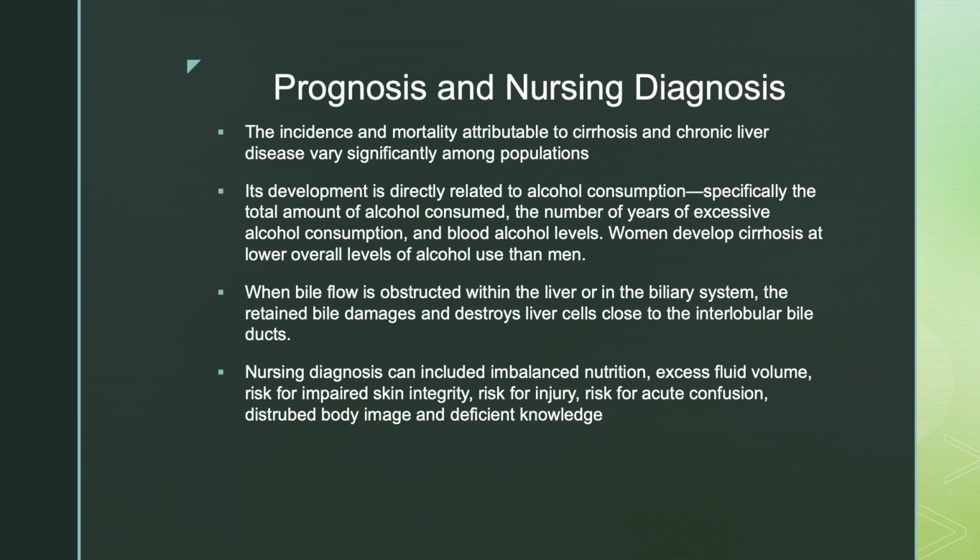And some nursing diagnoses that we can see with this are imbalanced nutrition, excessive fluid volume, risk for impaired skin integrity, risk for injury, risk for acute confusion, disturbed body image, and deficient knowledge. These are due in part to the weight loss and anorexia, as well as confusion dealing with high ammonia levels in the body.